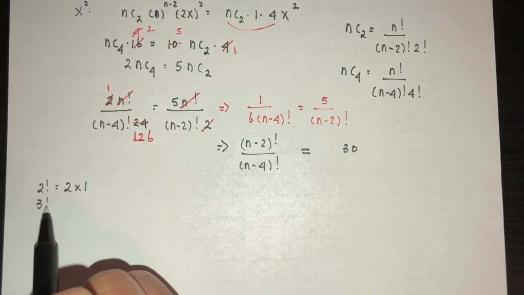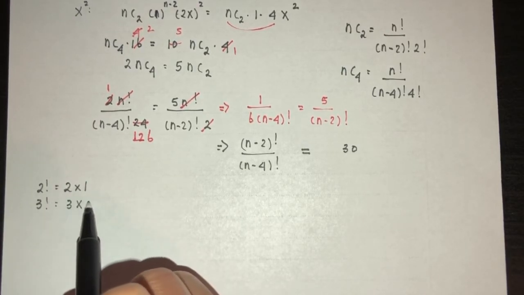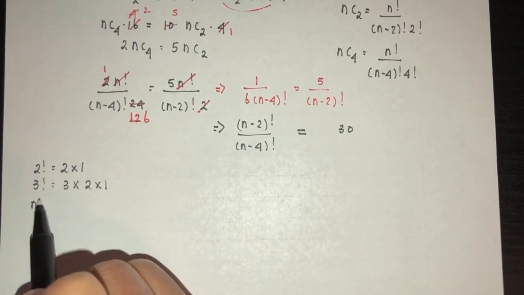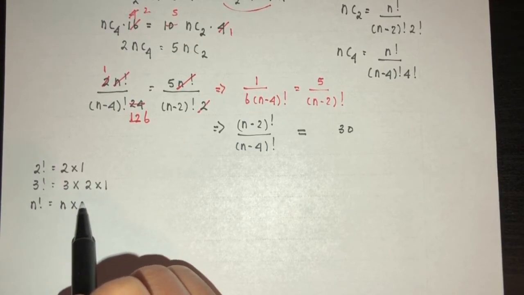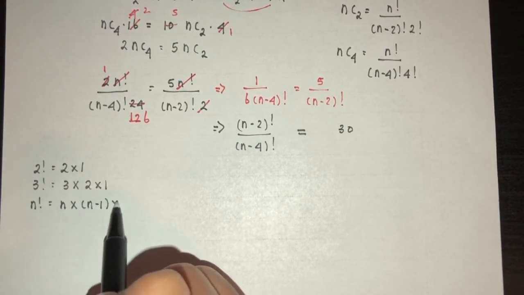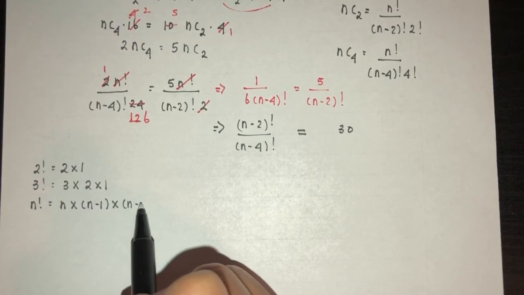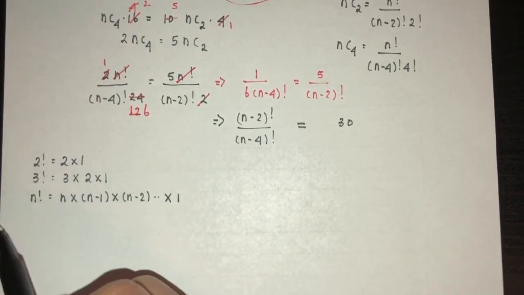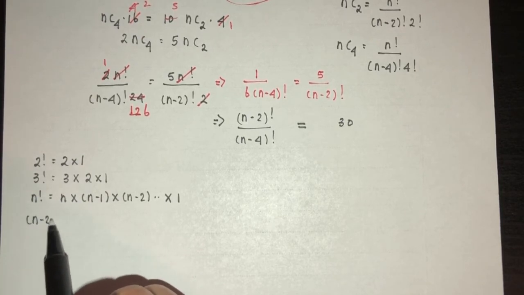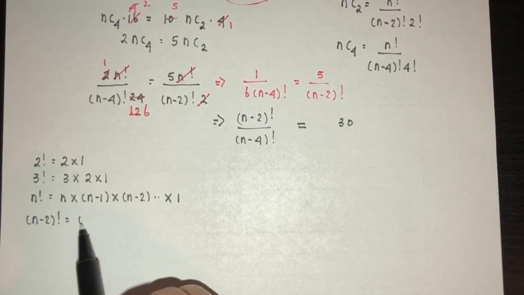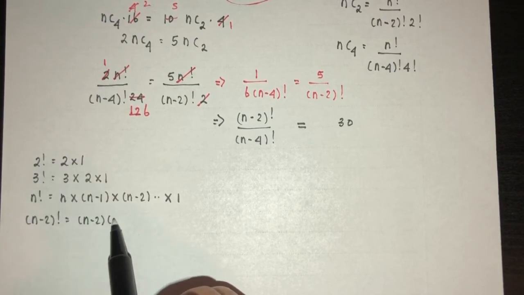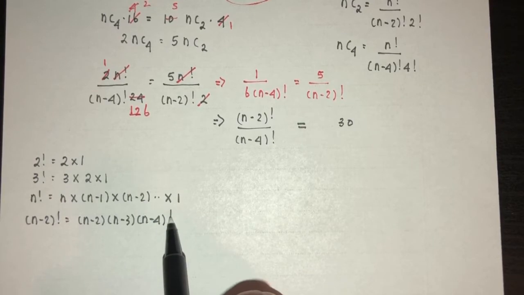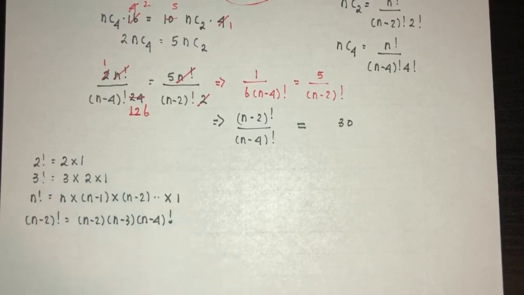What does 3 factorial mean? You would say it is 3 times 2 times 1. Same way, what is n factorial? You would say it is n times n minus 1 times n minus 2 until times 1, right? Same thing here, we can write down what n minus 2 factorial is. It is n minus 2 times n minus 3 times n minus 4 factorial. So we don't need to continue, we can write factorial.